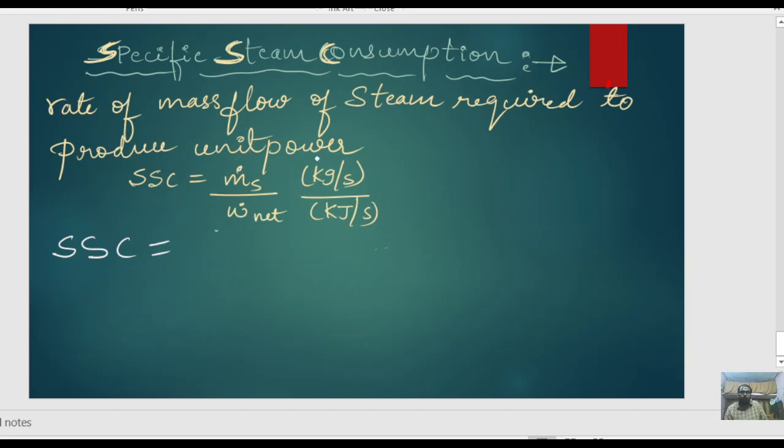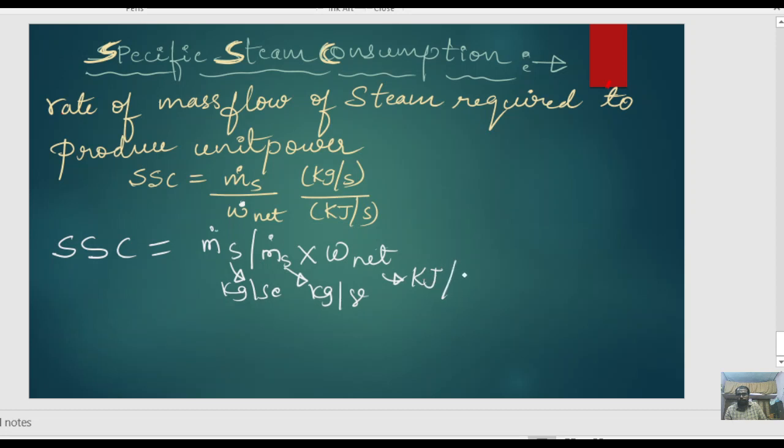To produce 1 kilowatt of power, how much mass do we require? We can write this as mass flow of steam, the dot meaning with respect to time, divided by mass of steam into net work. This is kg per second, this is also kg per second, and this is kilojoule per kg.